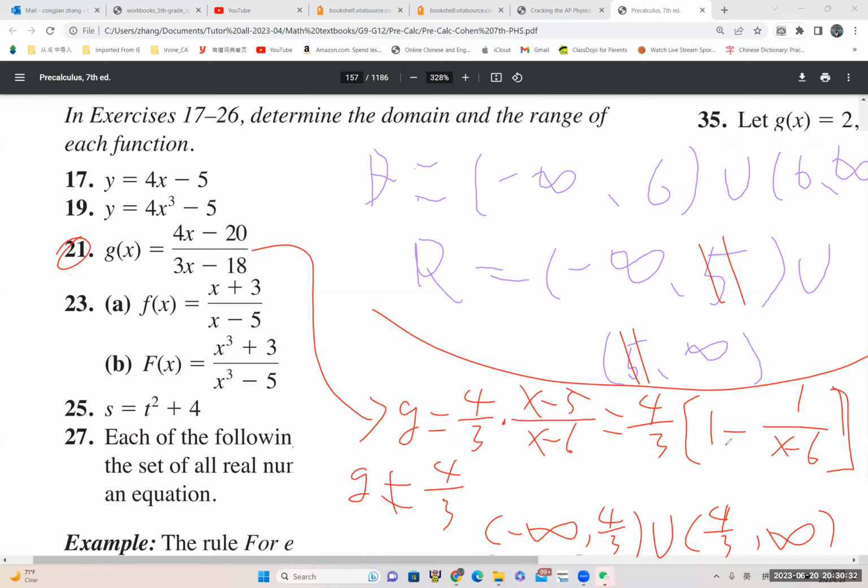Then this cannot be 1 because this cannot be 0, right? So g cannot be 4 over 3. Right? Okay.